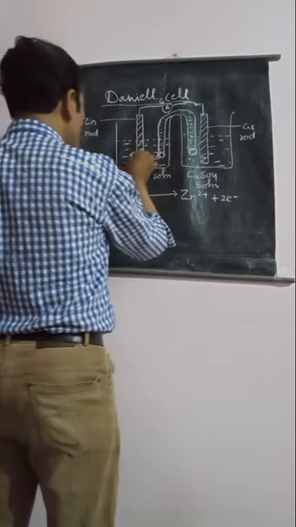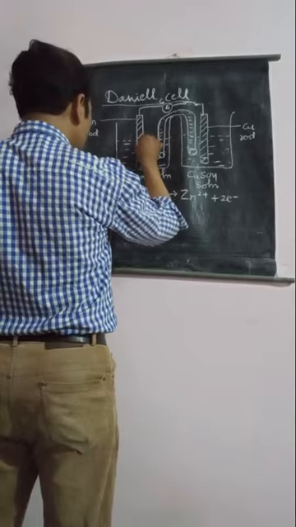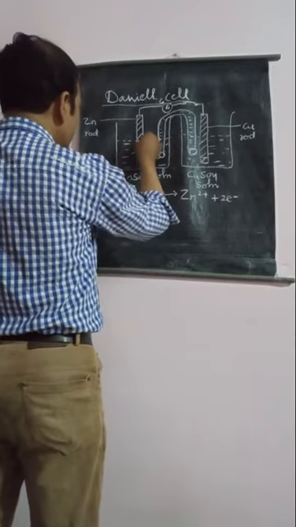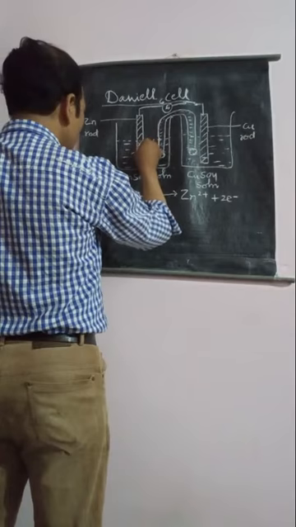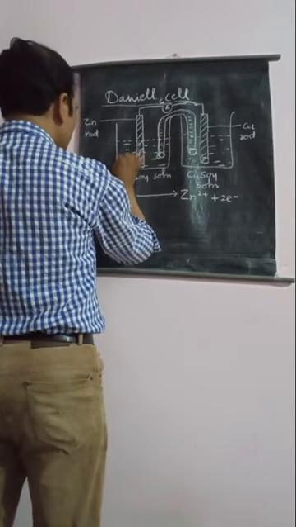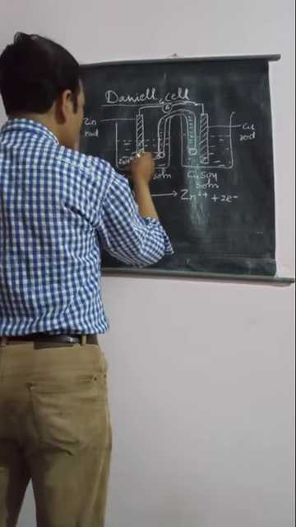The zinc metal which is present in solid state at this rod will go into the solution. So it will produce Zn2+ ions, and the electrons will be deposited here.